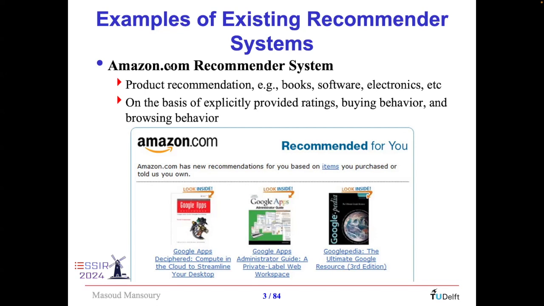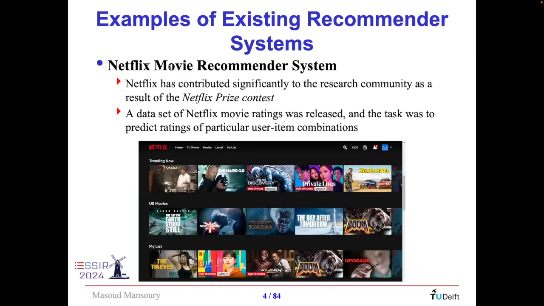Netflix has movie recommendation that, based on the behavior and interactions the user has with movies, generates recommendations. There was also an important event related to this company for the RecSys community, in 2008 or 2010 if I remember, a competition organized by Netflix, which helped a lot in improving research on recommender systems.